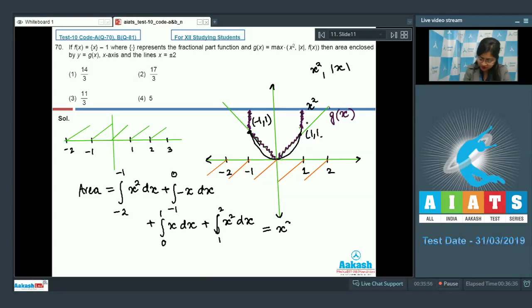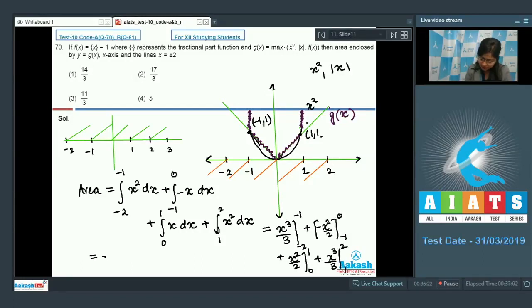So this is equal to, integrating, we have x cube upon 3 from minus 2 to minus 1 plus integral of minus x, that is minus x square upon 2, from minus 1 to 0, plus x square upon 2 from 0 to 1, and again x cube upon 3 from 1 to 2.